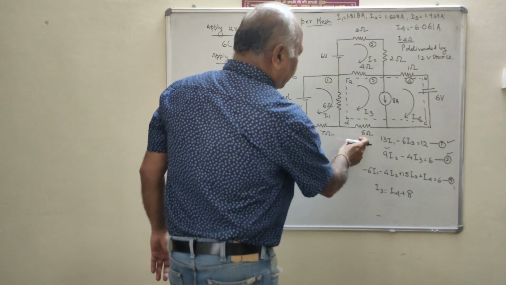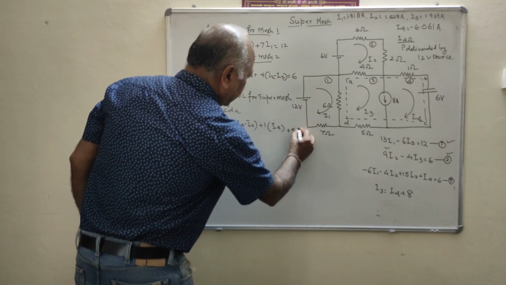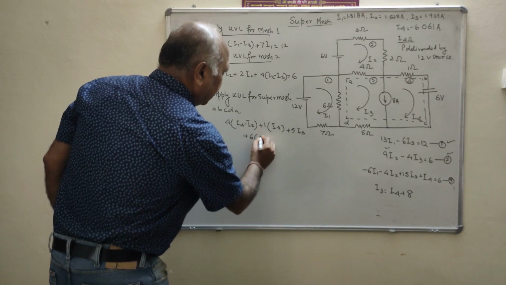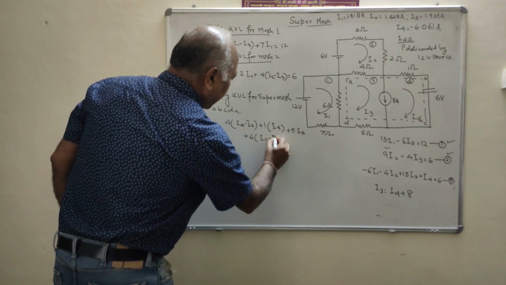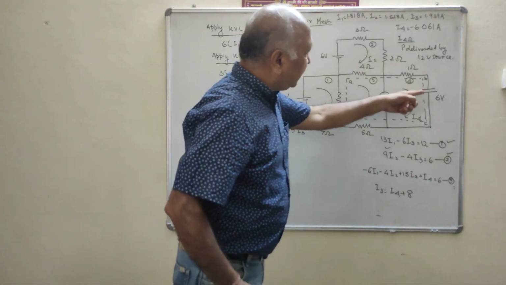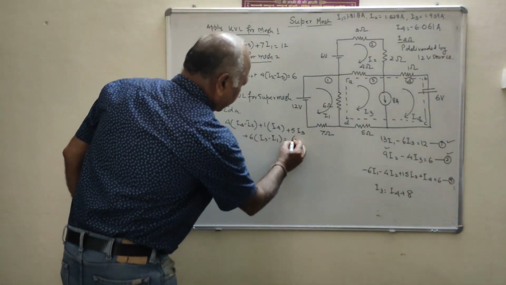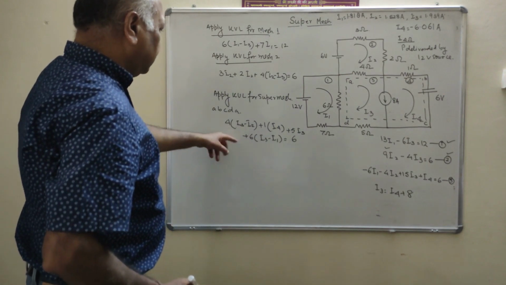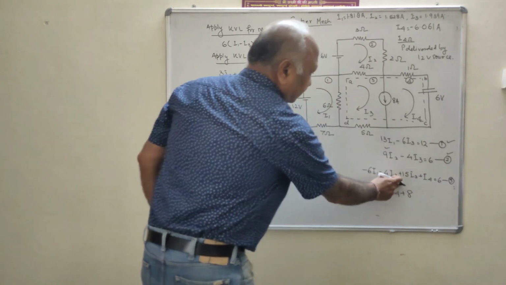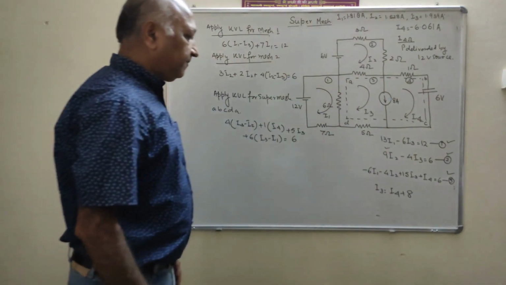What is the drop in the 5 ohm? That is 5 I3. And the drop in the 6 ohm? That is plus 6 into I3 minus I1. Now you will see the voltage sources. Here the current is coming from negative to positive, so that is equal to 6. After solving this, you will get minus 6 I1 minus 4 I2 plus 15 I3 plus I4 is equal to 6. This is equation number 3.